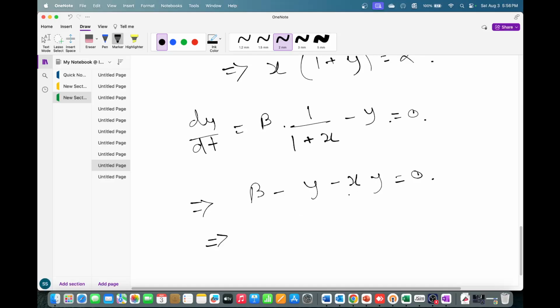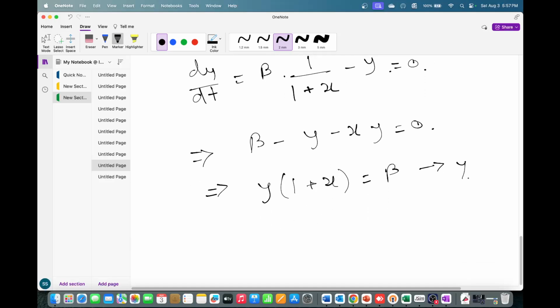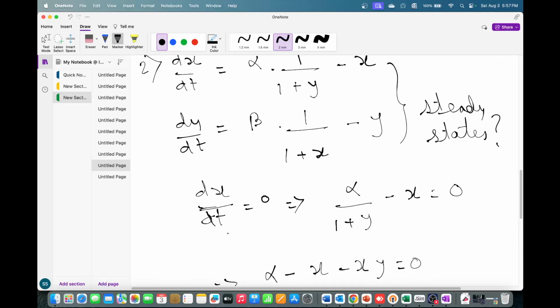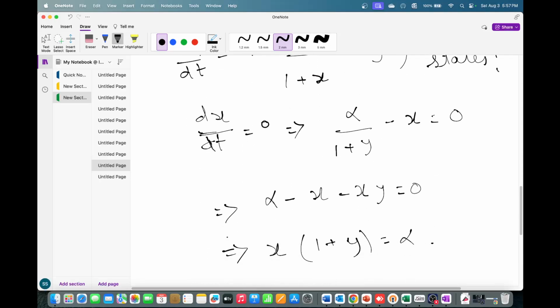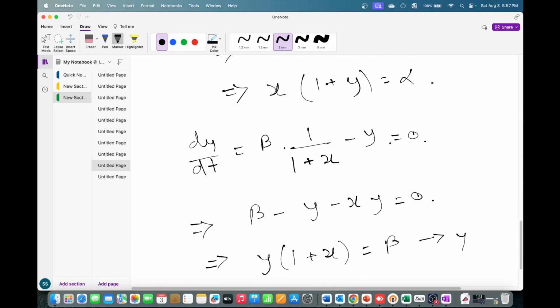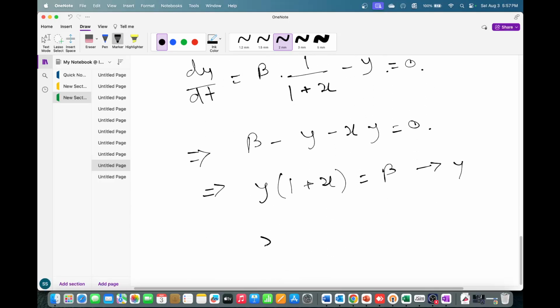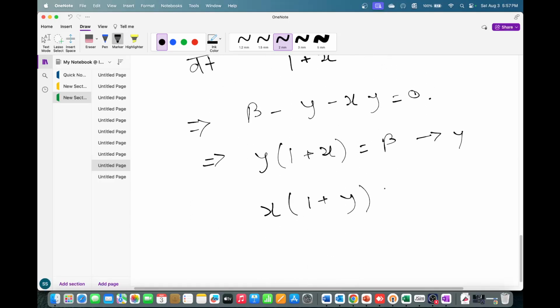Now we take y common from here. y into 1 plus x equal to beta. Now this is for y. Let me write down the x one here only. The other one is x into 1 plus y equal to alpha.